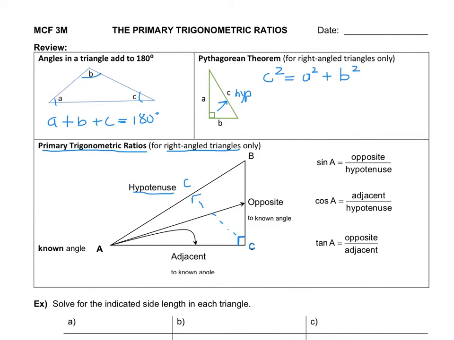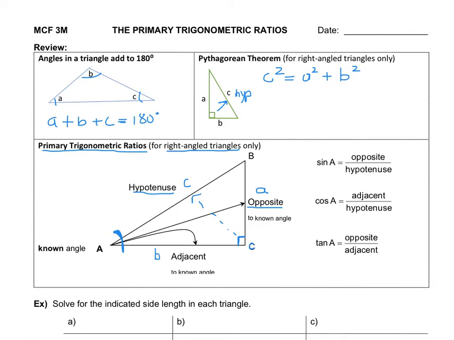If this is the known angle right here, or what I call the angle of reference, then this side here is opposite. And if angle A is my angle of reference, this is opposite side a. Then adjacent is the third one, and that will be a little b.